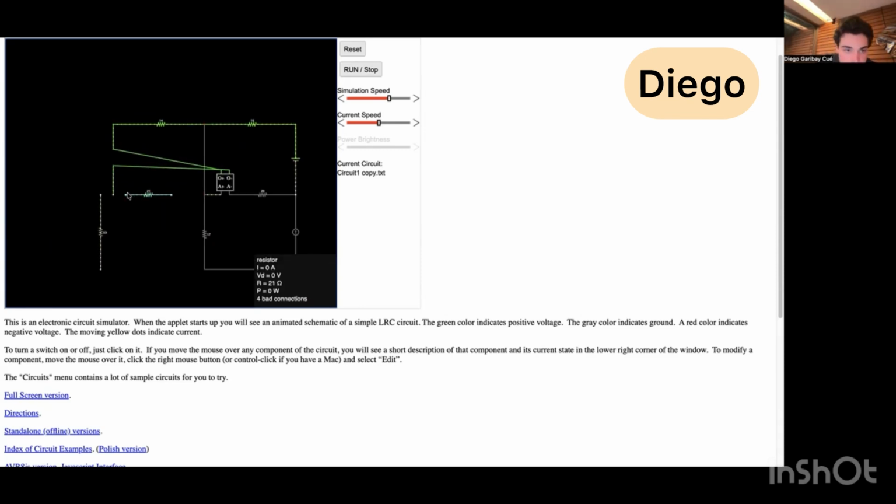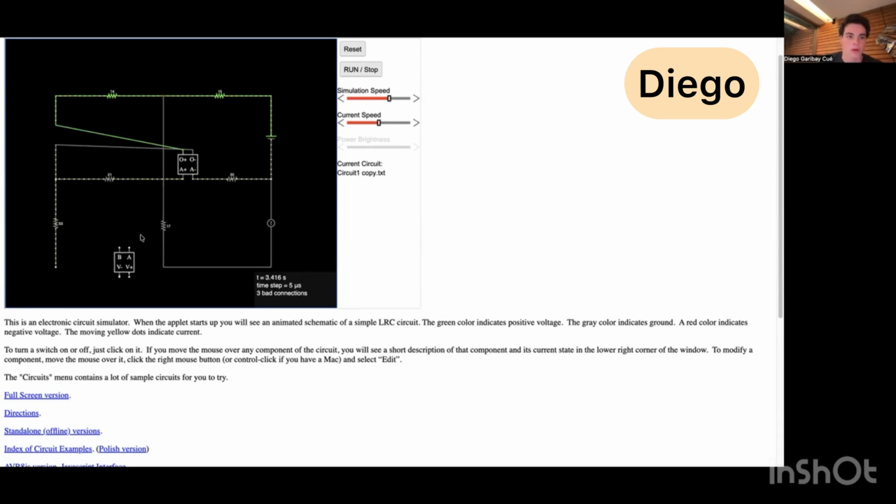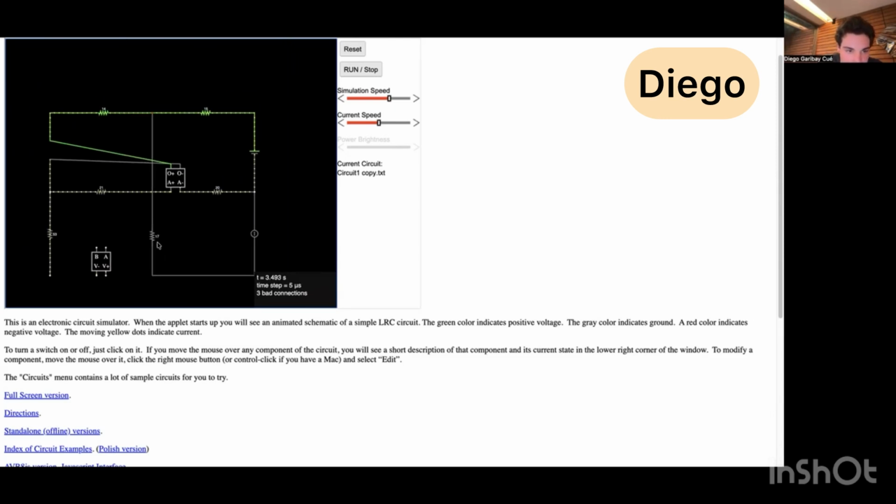Now we will connect this 21 ohm resistor and connect it to the other part of the circuit. And now we will have this resistance here. And now we're moving on. We will connect the voltage dependent voltage source. And we will connect this coming in through the positive and leaving from the negative.